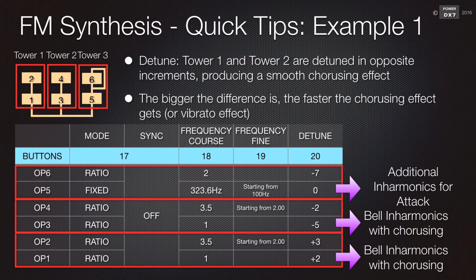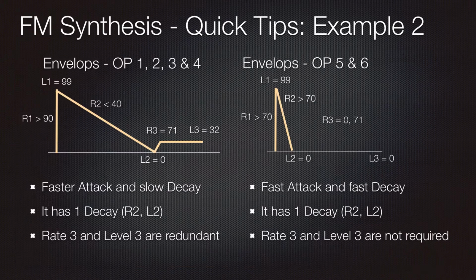I summarize the results by each tower for algorithm 5. Example 2 shows you my analysis of envelopes for the tube bells patch. I represented envelopes in graphs so that we can easily see how they are set up.